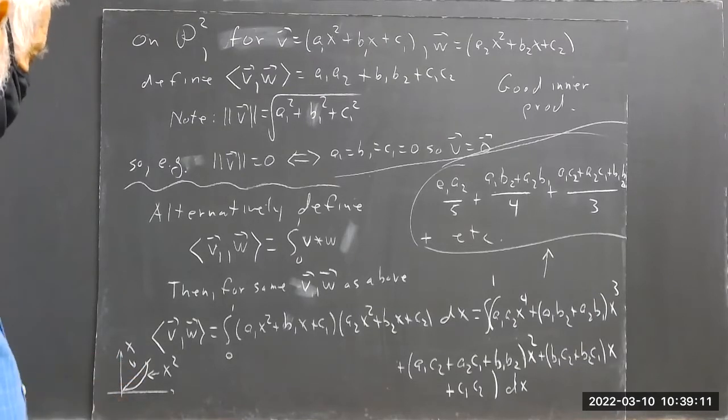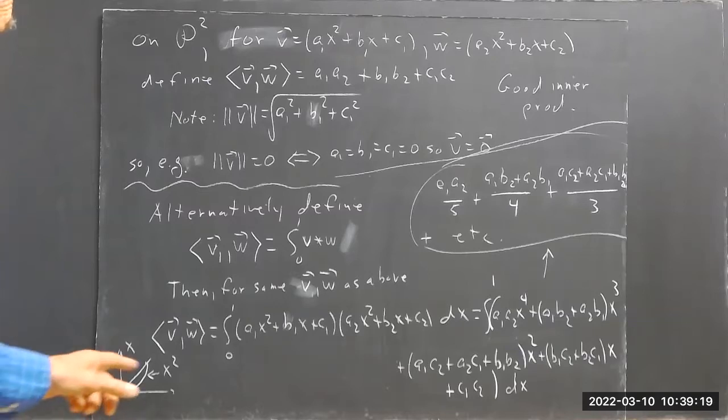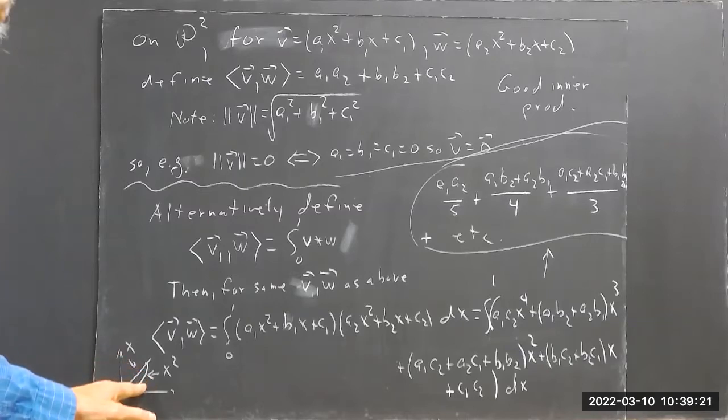If you integrate these, you get something that's fairly close to 1. The product of these is just your x squared. Well, there's 1/3, or 1/4.